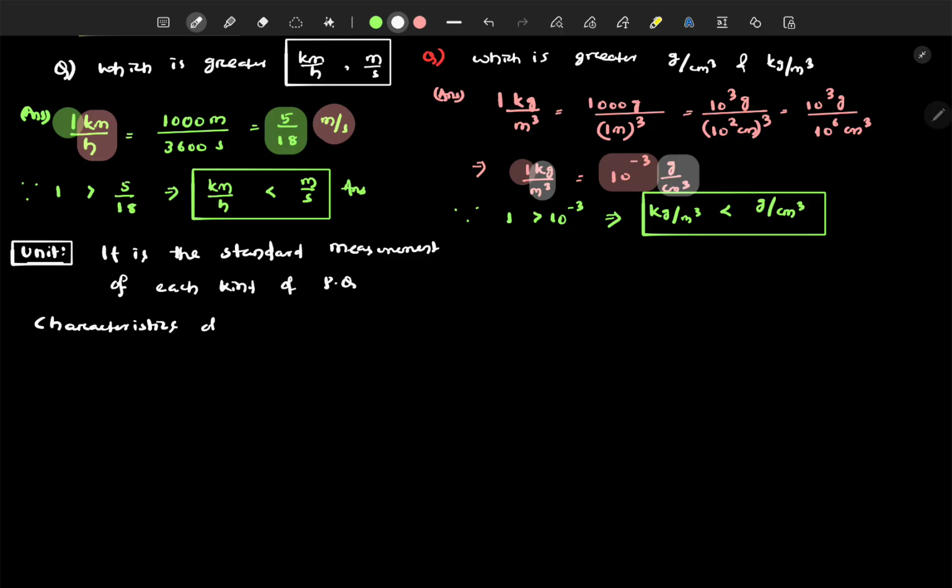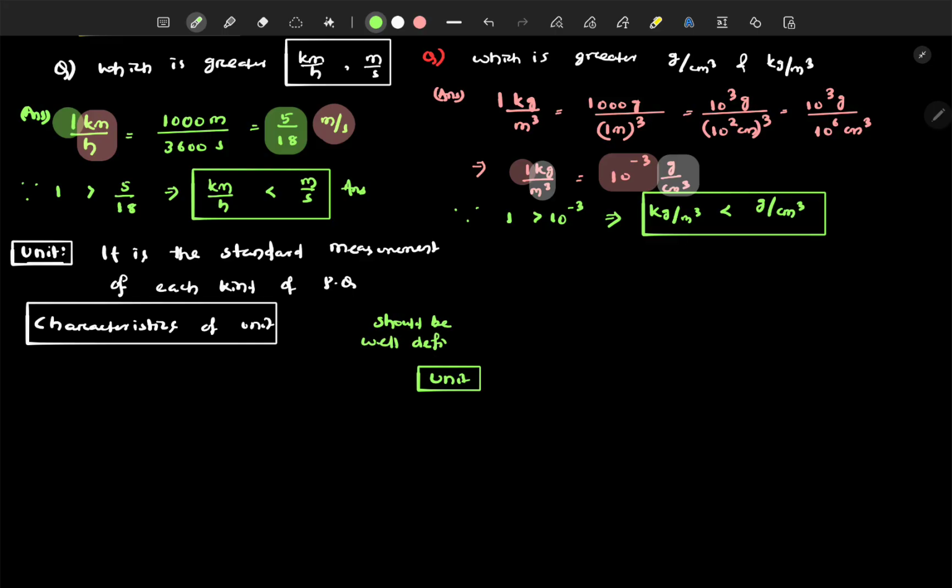What should be the characteristics of a unit? It is a very simple portion actually. A unit should be well defined. Another criterion is it should be universally accepted.